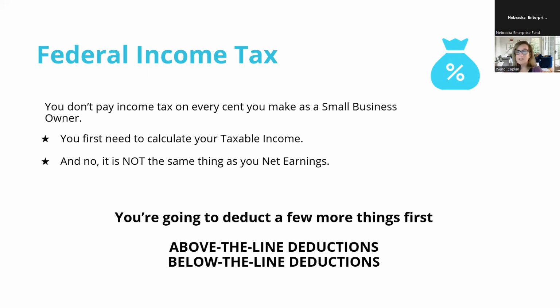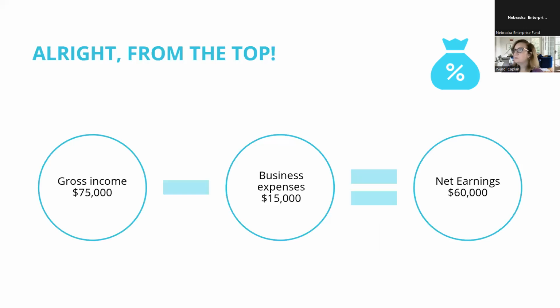We have above the line deductions and below the line deductions. So we go to the top. The best way to learn is to do this in 101 fashion. We have our gross income. We're subtracting our business expenses, and now we're starting with that $60,000 in net earnings.